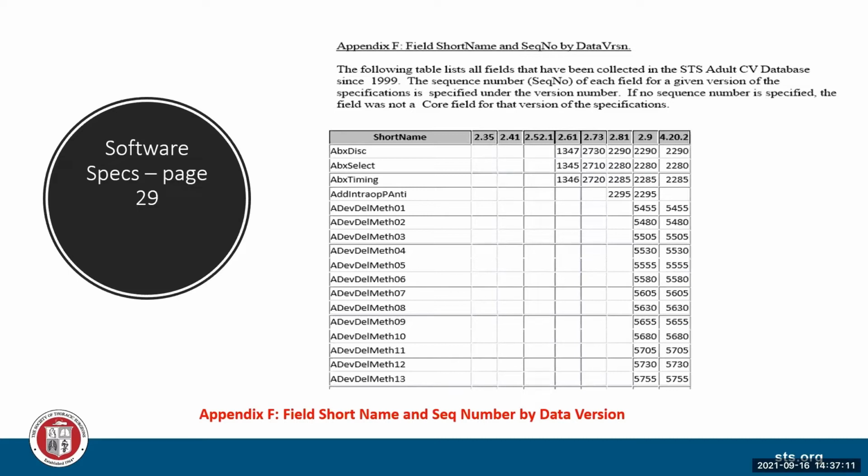So as you can see, sequence numbers change throughout versions. Short names don't. And this will give you an idea. Sometimes they don't change, but sometimes they do. So this is a nice resource to be familiar with.